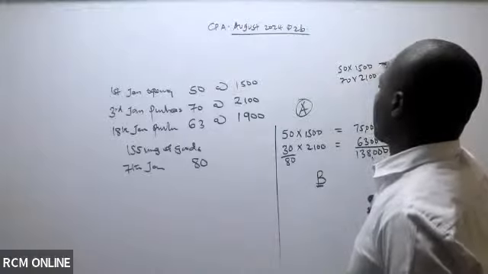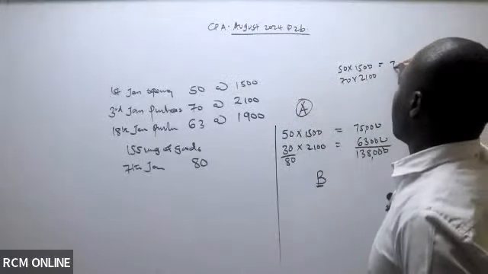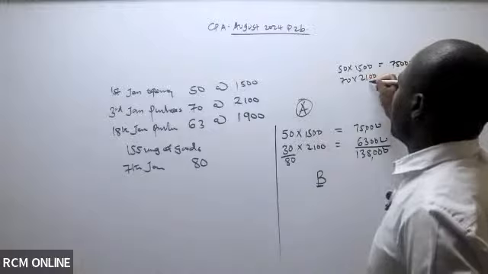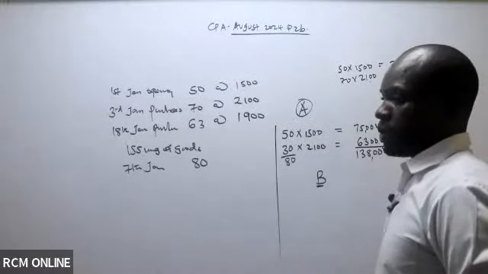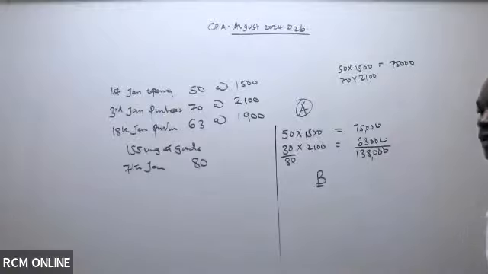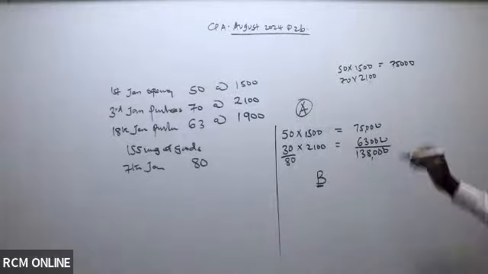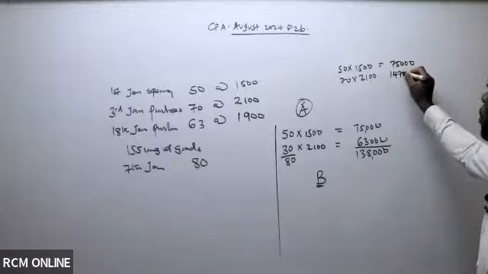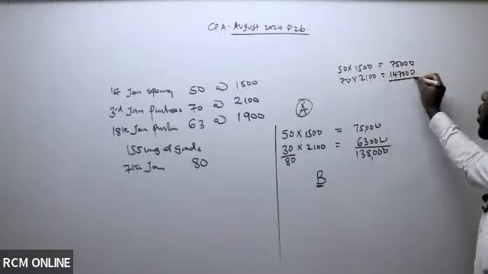So 50 by 1,500, that is 75,000. 70 by 2,100, what do we get? 147,000. Good. Can you add the two?